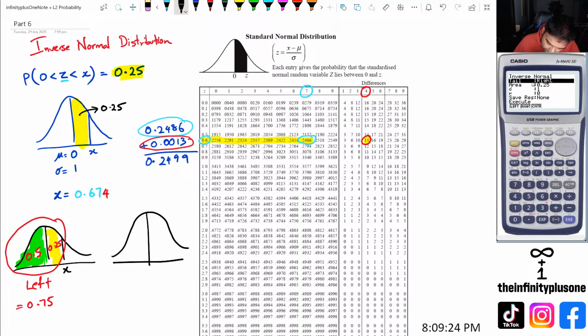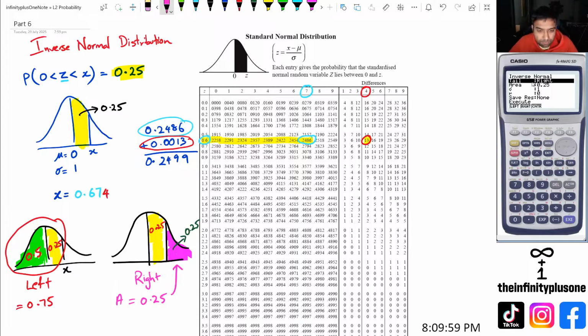The yellow part is worth 0.25, so the right tail is the pink part. We can figure that out as 0.25, because we do 0.5 minus 0.25. So if you go with the right tail, your area is equal to 0.25. That's actually from here, so just be mindful of that.